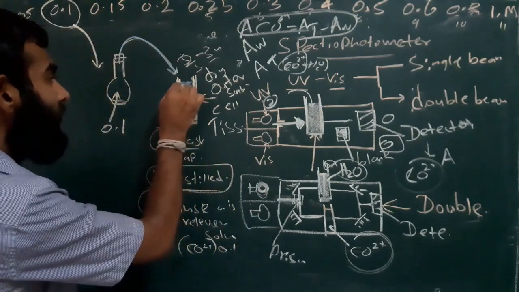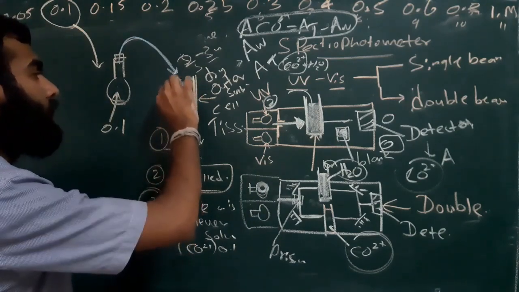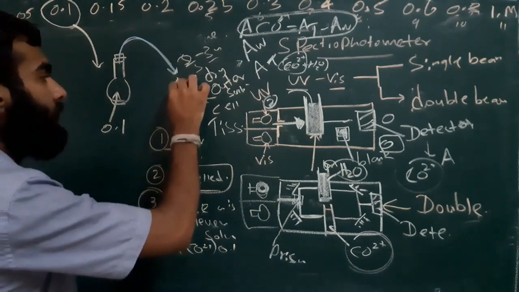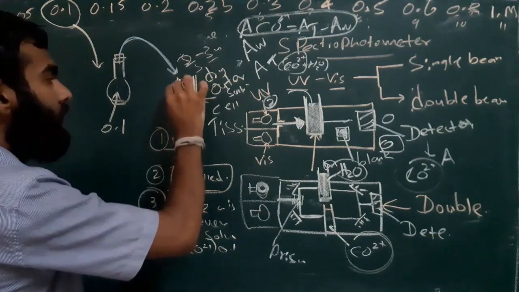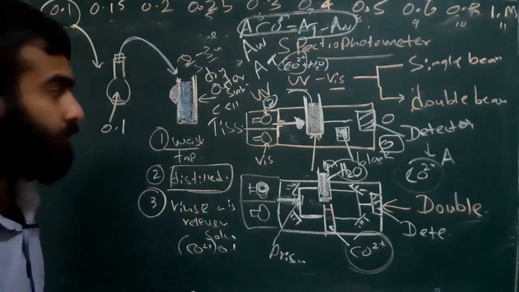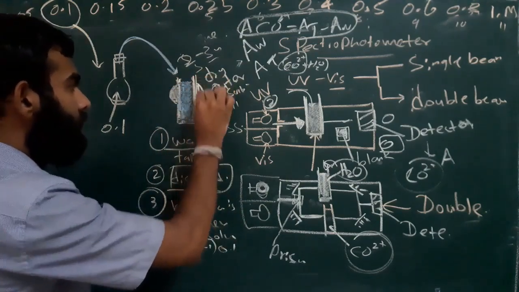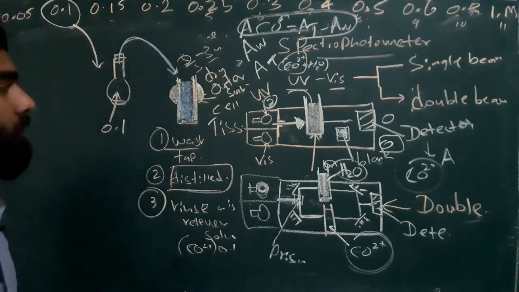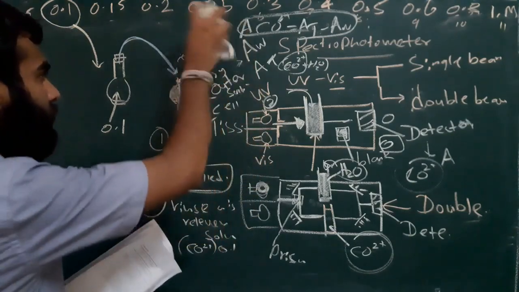Why? If there is some distilled water or some droplets attached to this outer surface, what will happen? We are dealing with light, so what will happen?